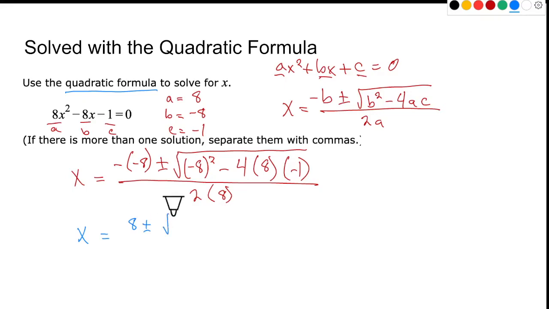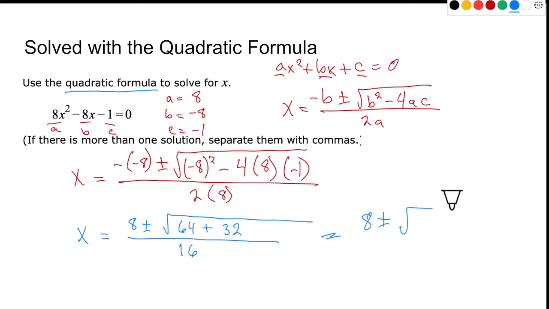Inside, we're going to get the square root of 64. 4 times 8 is 32, and this is negative, so it becomes plus, and then we're going to divide everything by 16. 64 plus 32, that's going to give us the square root of 96.